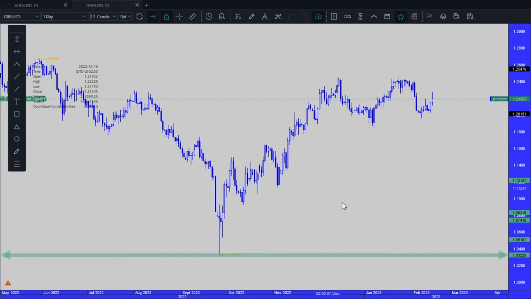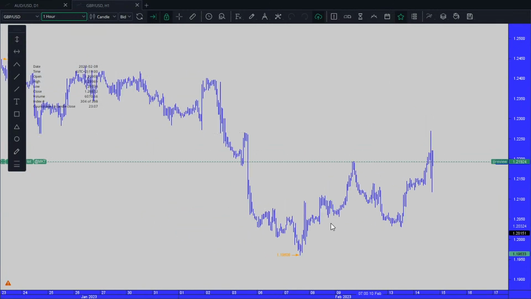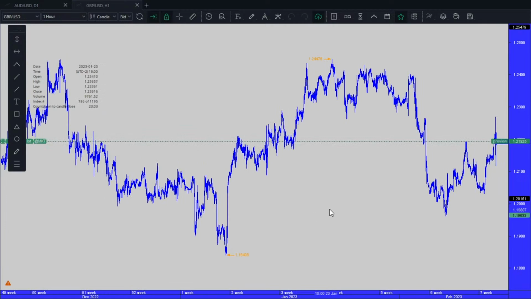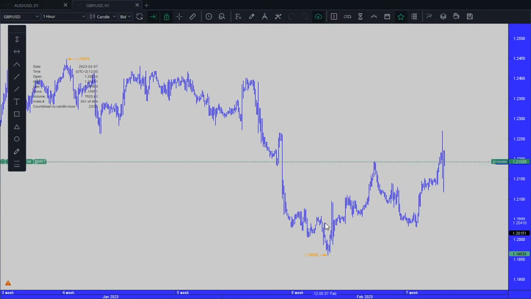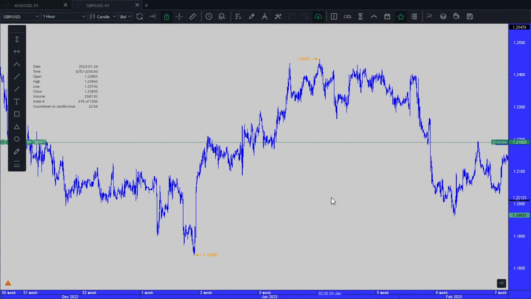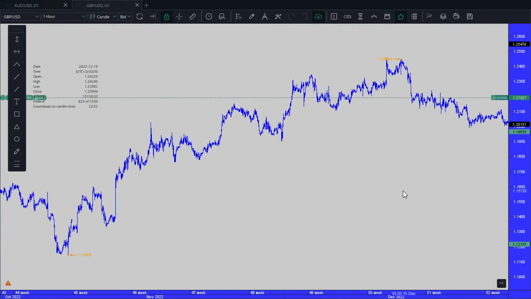US CPI was just released today and markets went crazy, very good. So 1 hour chart, right? Let's zoom out, everybody. 1 hour chart.